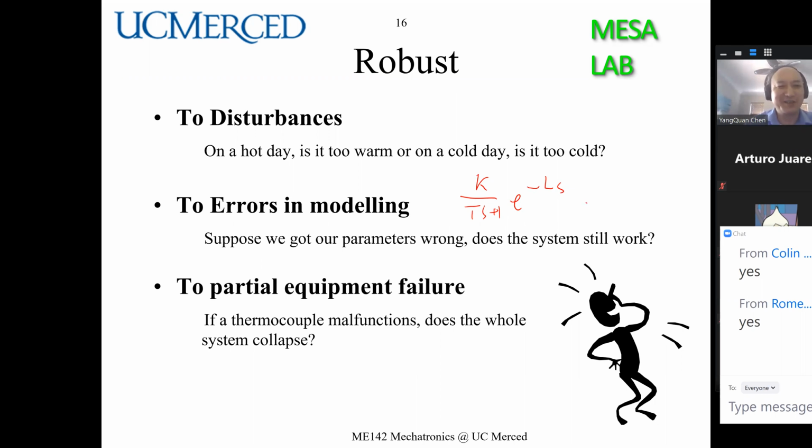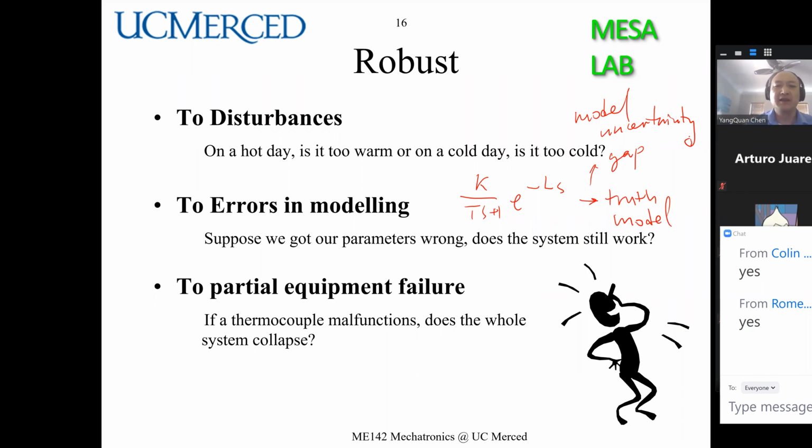This one is useful to design PID control using Ziegler-Nichols tuning rule. But this is probably close to the true model, but there's still a gap. So whether my controller design can tolerate this gap, this gap is called model uncertainty.